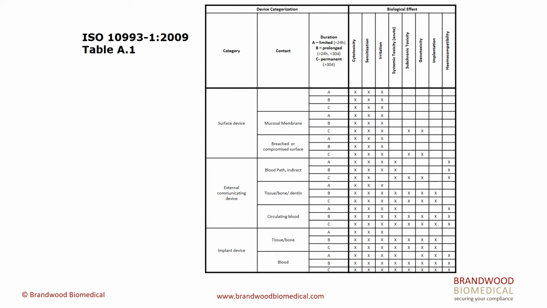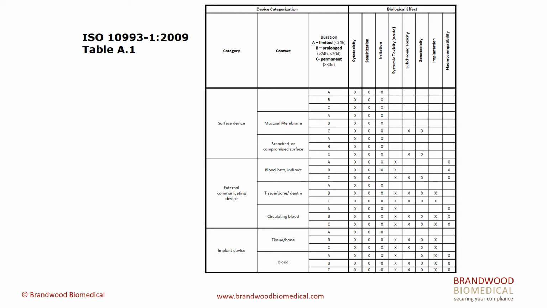So here's what most people are familiar with when they think about ISO 10993. The Table A1 in the parent standard, Part 1, which provides guidance on what aspects of biocompatibility should be considered depending on the nature of your device and its invasiveness.